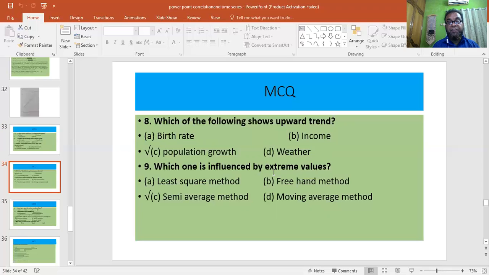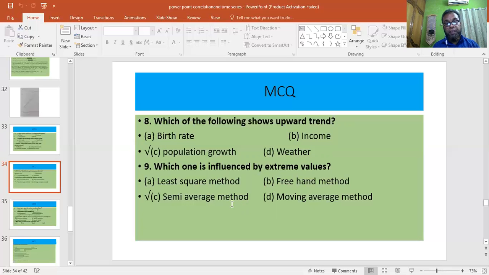So any kind of average is affected by extreme values. It may be very high value or very low value. Least square method is not influenced. Freehand method is just found from the graph. Semi-average method, since it is average, that is arithmetic mean. In semi-average method, we calculate the arithmetic mean of first half and the second half.